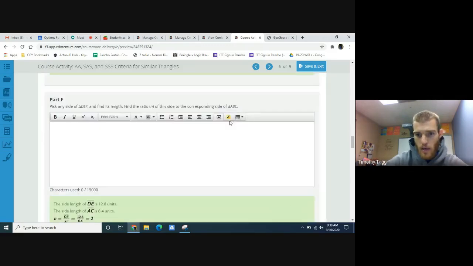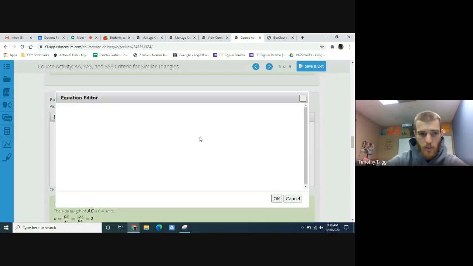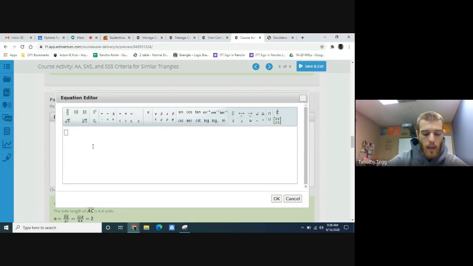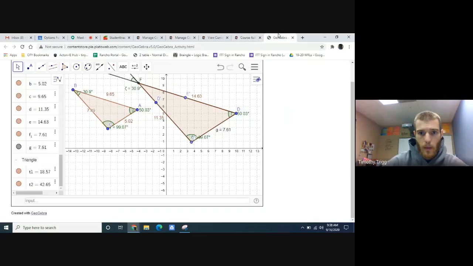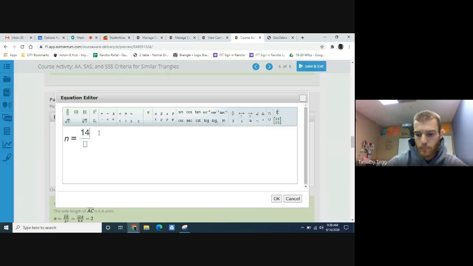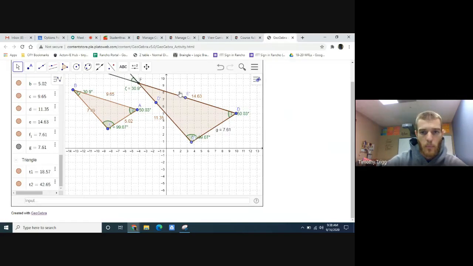And again, you get here by clicking on this right here. Okay, click that. And so you'd say something like n equals, and we want a ratio. So we want to do this length, DF, this length, 14.63 over 9.65.